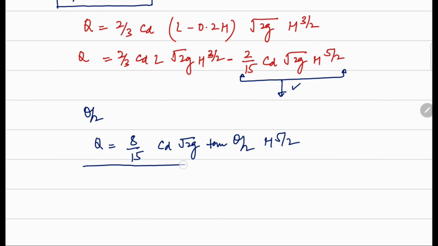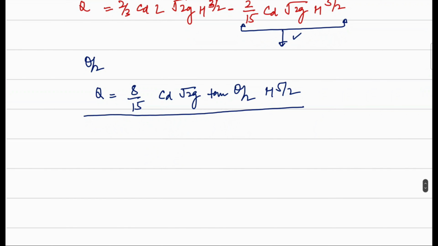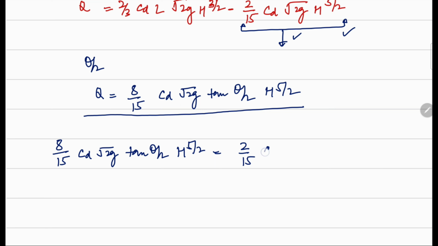This is the expression we use for calculating the discharge flowing through the V notch of angle theta. Now this discharge should be equal to the value we are going to compensate. So 8 by 15 CD under root 2g tan theta by 2 H raised to the power 5 by 2 is equal to 2 by 15 CD under root 2g H raised to the power 5 by 2.